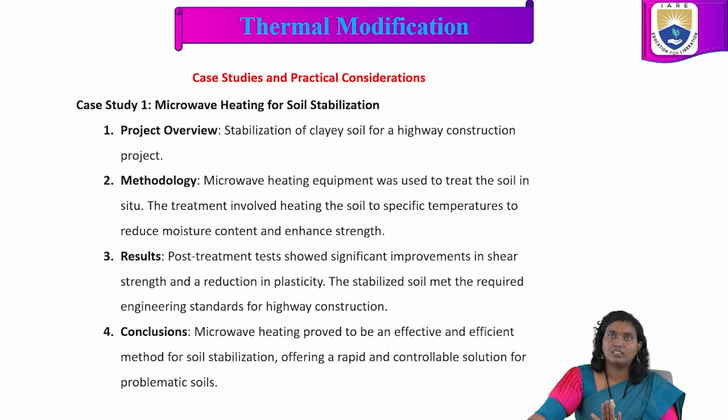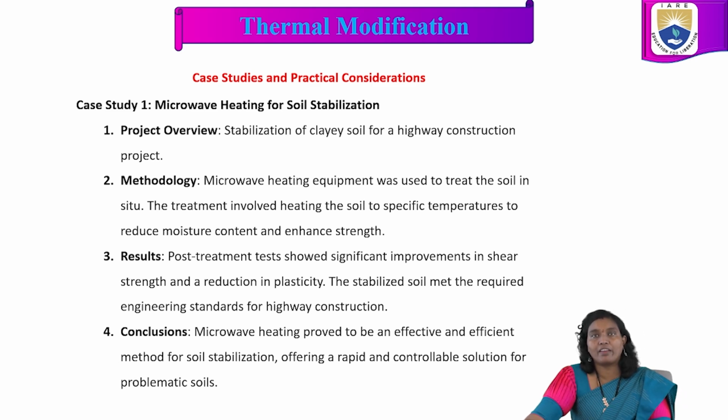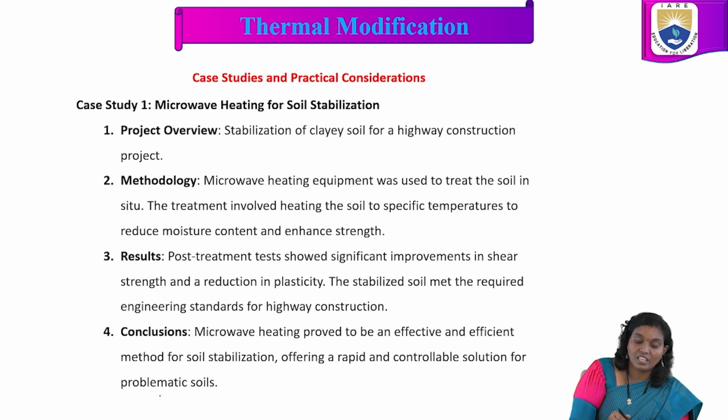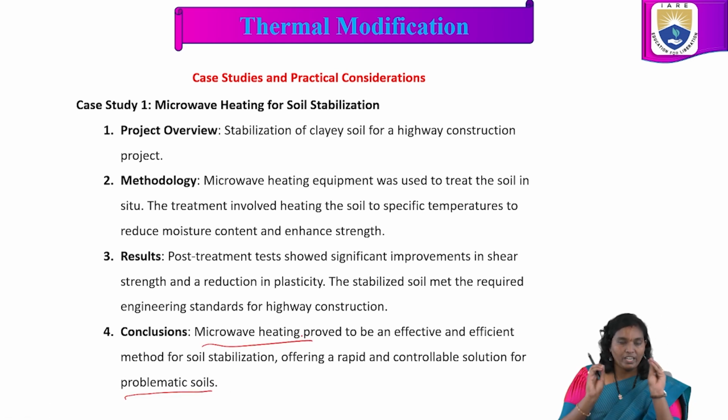Final conclusion: as per the thermal modification, microwave heating proved to be an effective and efficient method for soil stabilization, offering a rapid and controllable solution for the problematic soil. In this microwave heating, uniformity is there, in that particular soil sample.